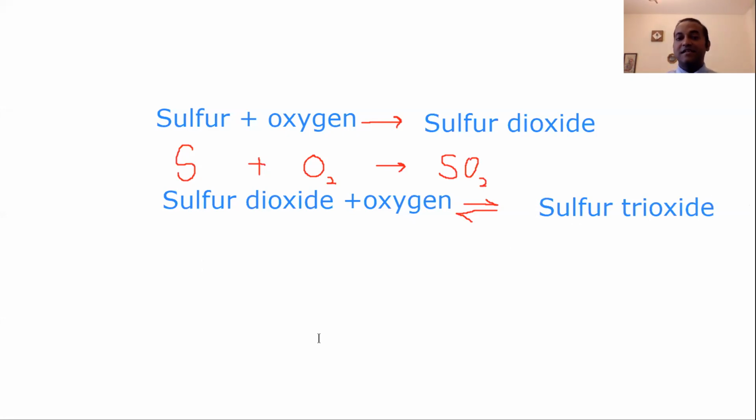Okay. So this is our second word equation. Now we want to again learn how to write the chemical equation for this. So same, sulfur dioxide, all of you know this is SO2. Of course, by now all of you know oxygen is O2.